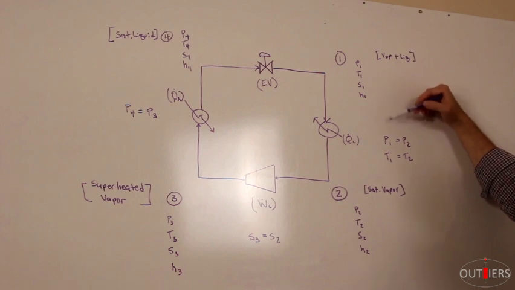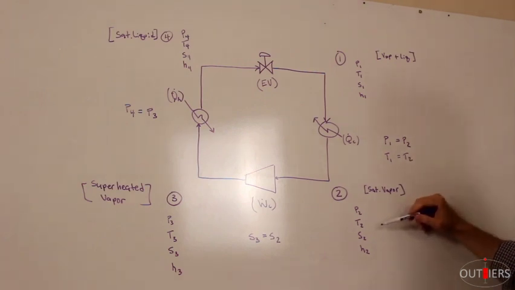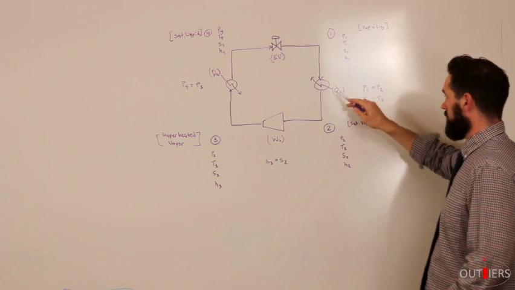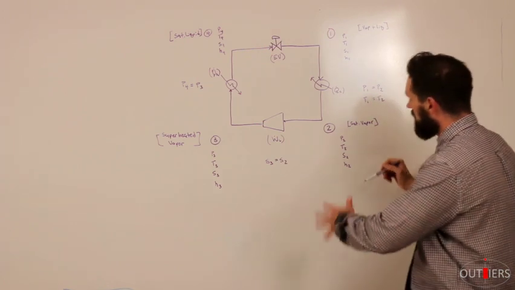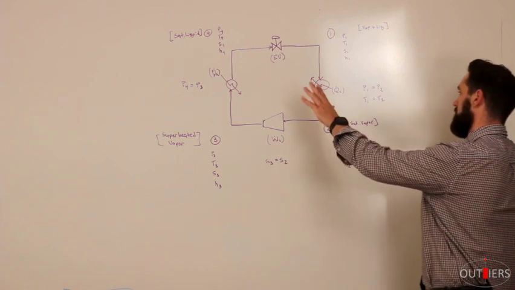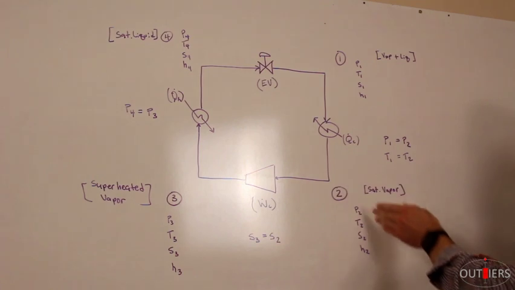Next, I need to set some parameters, like what's the pressure going to be? What's the temperature going to be? All those things will be set by what I want to get the reactor temperature to. Let's say, in our case, we want it at 40 degrees Fahrenheit.